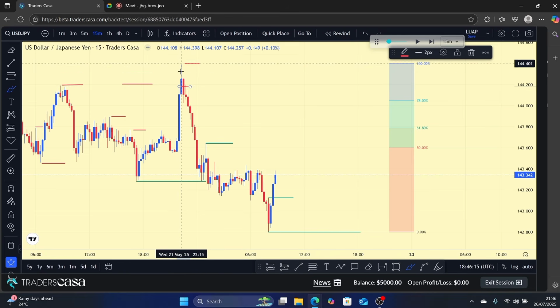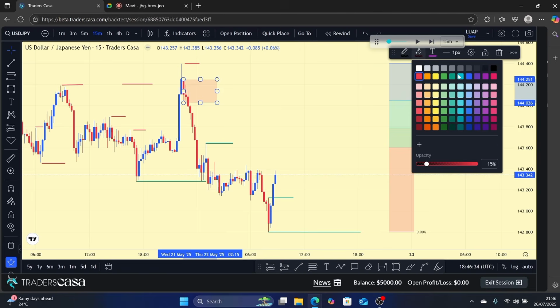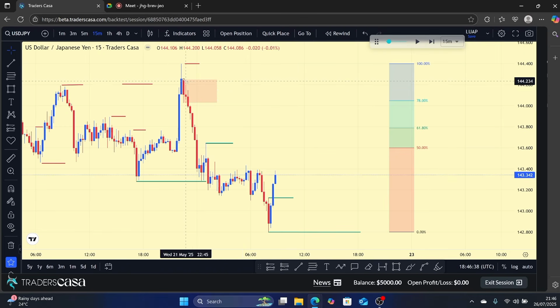This bullish candle took out the previous candle high, but we can clearly see it's not associated with a fair value gap. But if you do remember, I said that we usually shift to the next candle that is associated with a fair value gap. If I shift to this next candle, we can clearly see that this candle is associated with a fair value gap. Let me just leave the color to red.